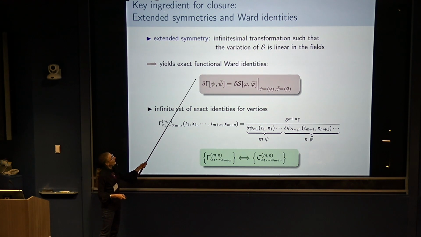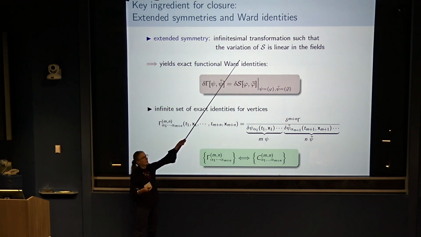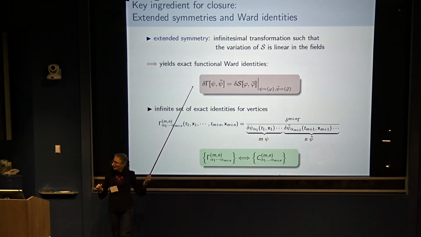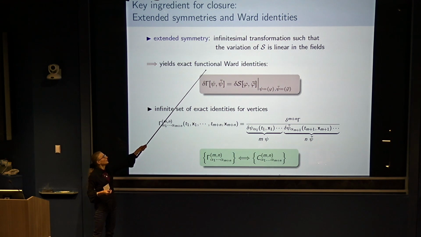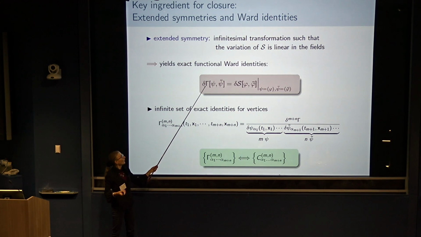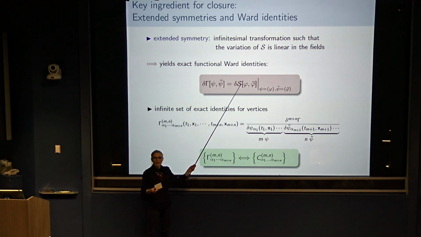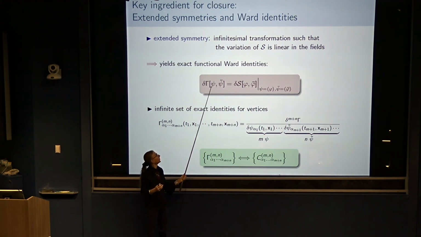And in fact, it turned out that if you have such an extended symmetry, something that leads to only a linear variation, you can derive identities which are called functional Ward identities, and they are extremely constraining because they tell you that the variation of gamma under this symmetry has to be the same as the variation of your action. And in fact, it really fixes a whole dependence of this object.